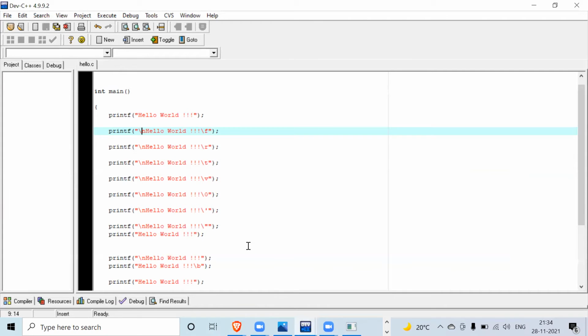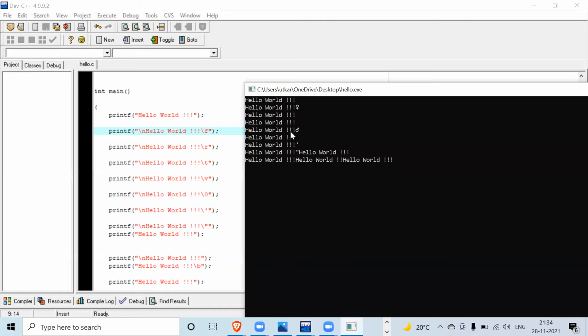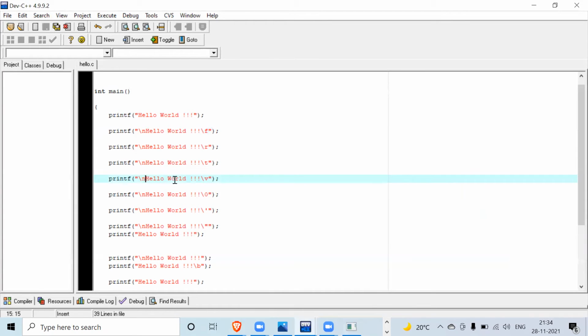Then we have \t. What does \t do? Anything you write, I think, yeah, the difference you will understand if there's no this one here. Carriage return.